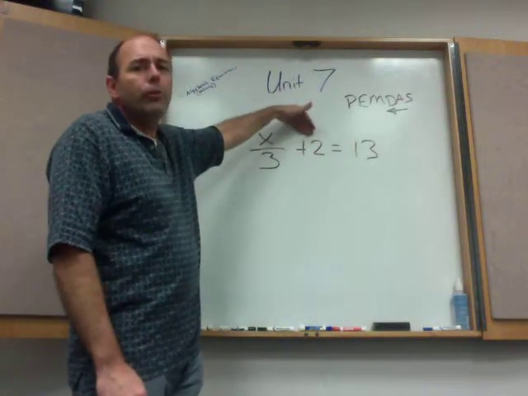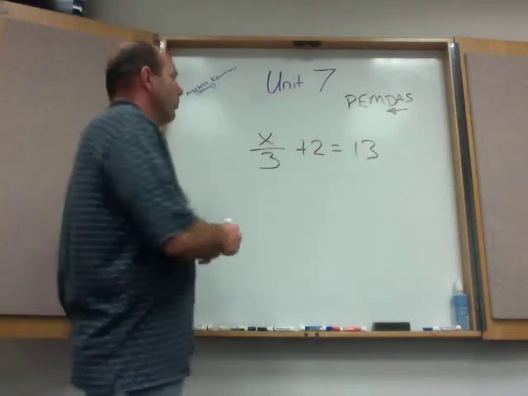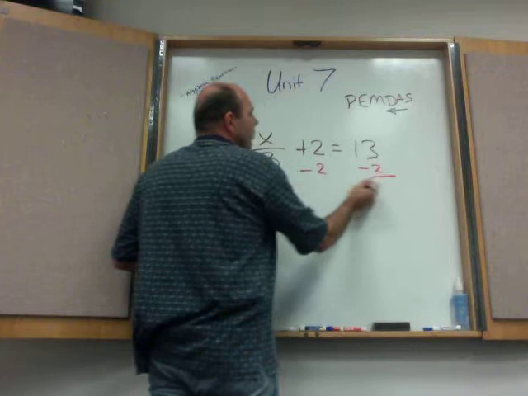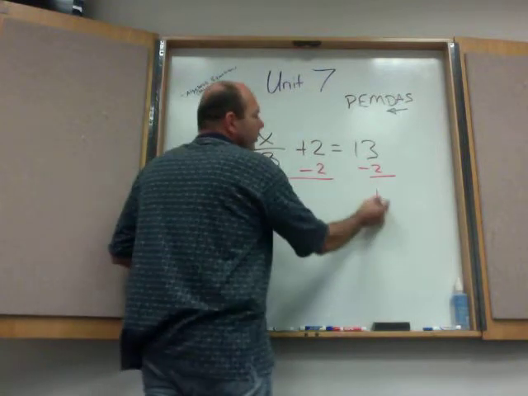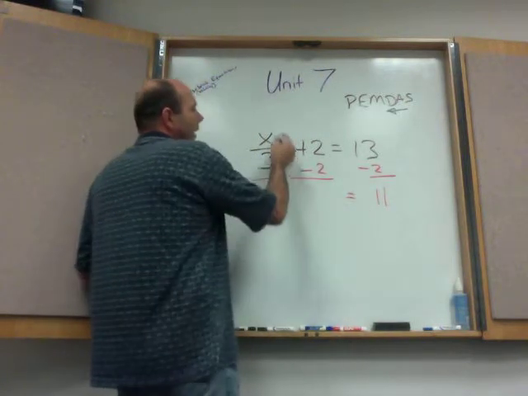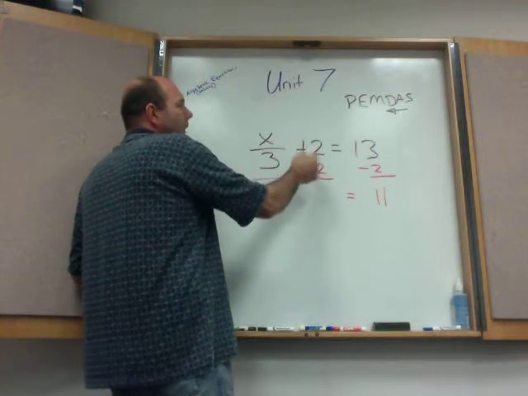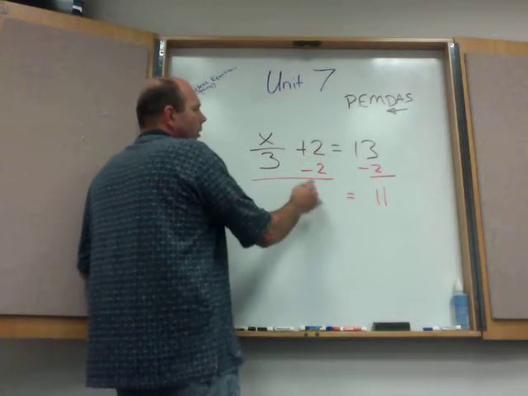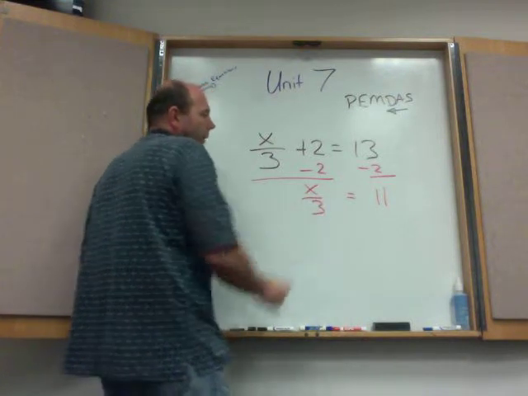Yes, I'm adding 2. The opposite of add 2, subtract 2. Minus 2, minus 2. 13 minus 2 is 11. And x divided by 3 plus 2 minus 2. Again, the whole reason I subtracted 2 is to get rid of the plus 2. All I have left over here is x divided by 3.